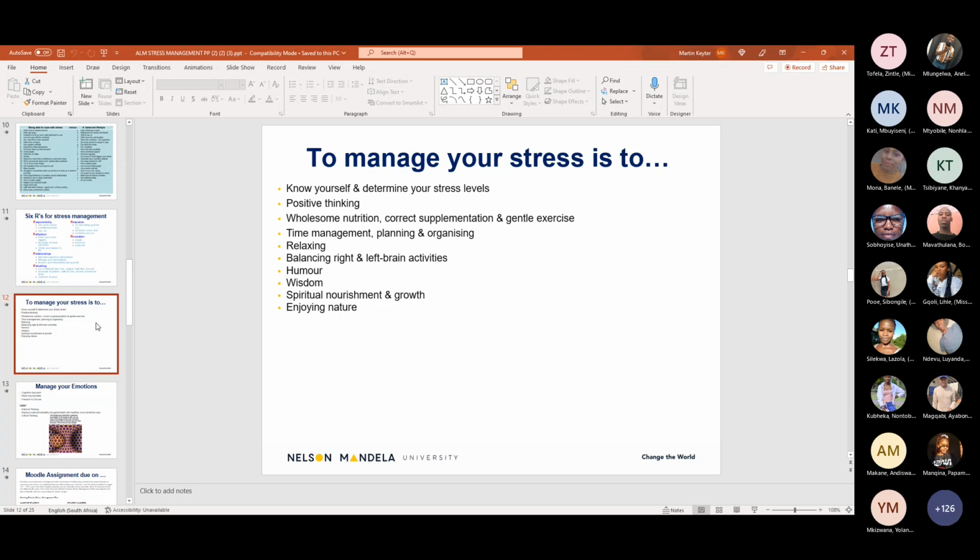And then look at the fourth bullet point. Remember, in the beginning of the semester, I gave you the first lesson, a structure of the semester going forward.